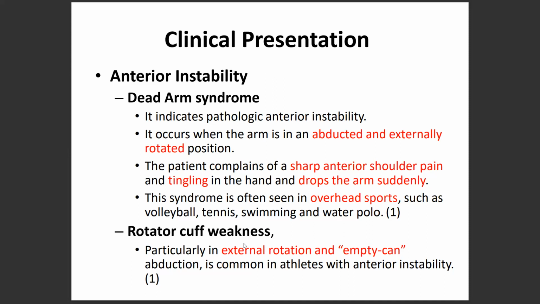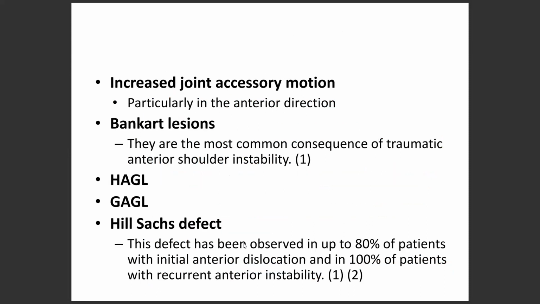If the patient has anterior instability, they will present with dead arm syndrome, rotator cuff weakness, increased joint accessory motion, Bankart lesion, HAGL, GAGL, or other associated glenohumeral ligament injuries, and Hill-Sachs lesion. We discussed HAGL and GAGL in detail when we were discussing unidirectional shoulder instability.